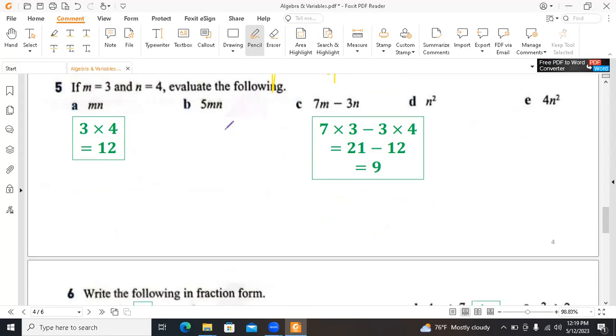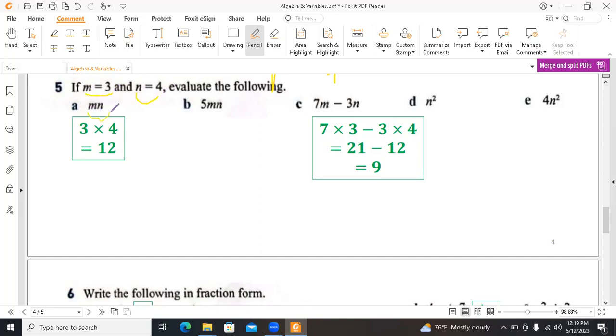It is easy to evaluate an algebraic expression; we need to know the values of the variables. By variable we mean that it can be anything. So we use the substitution way. If m equals 3 and n equals 4, we easily replace m by 3 in the expression and n by 4.